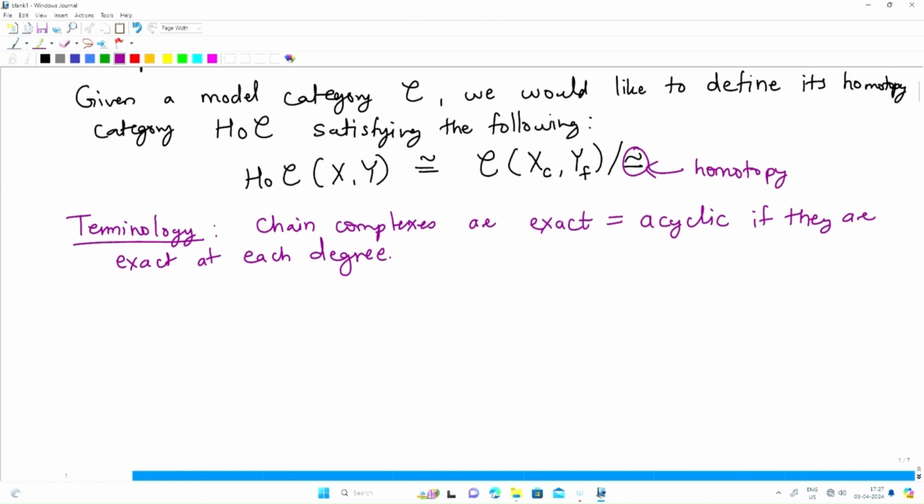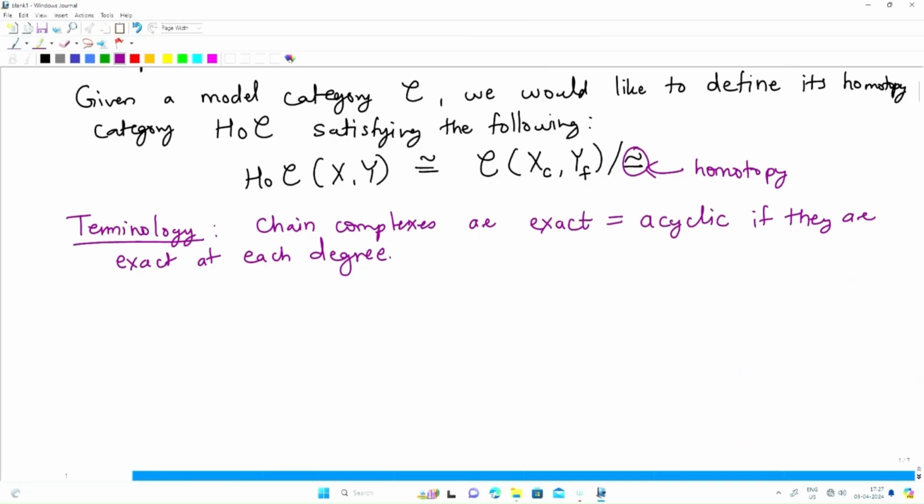So this is a kind of interplay which lies at the heart of anything that you do in category theory, that object to morphism, morphism to object. Yeah, so this interplay is very important, and now if you remember we described quasi-isomorphisms last time, the morphisms which induce isomorphisms between homology objects.